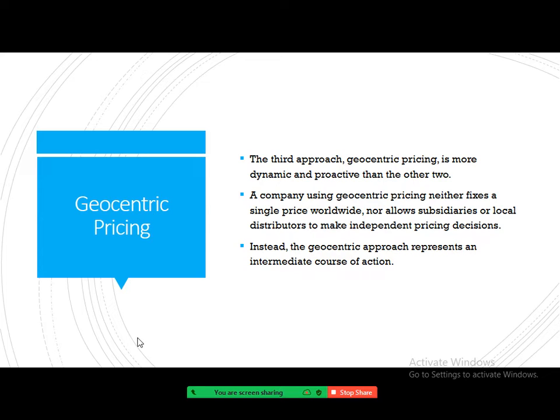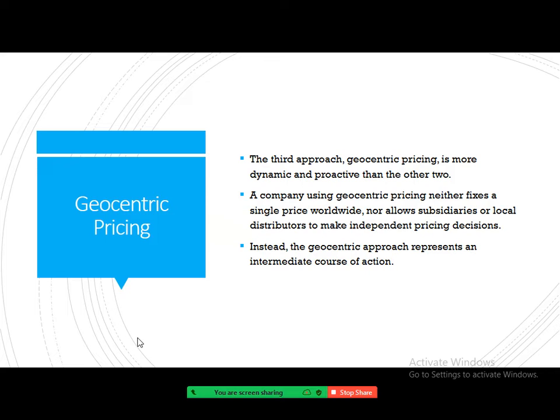Instead, the geocentric approach represents an intermediate course of action. Geocentric pricing is based on the realization that unique local market factors should be recognized in arriving at pricing decisions. These factors include local cost, income levels, competition, and the local marketing strategy.